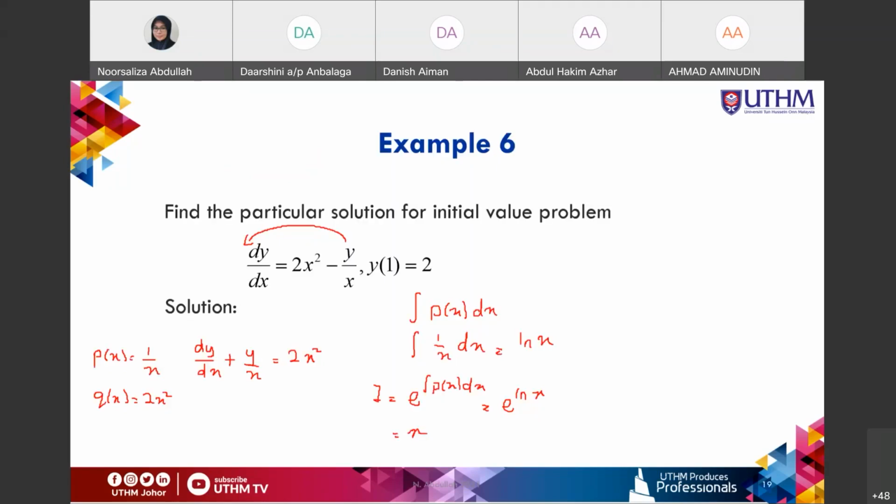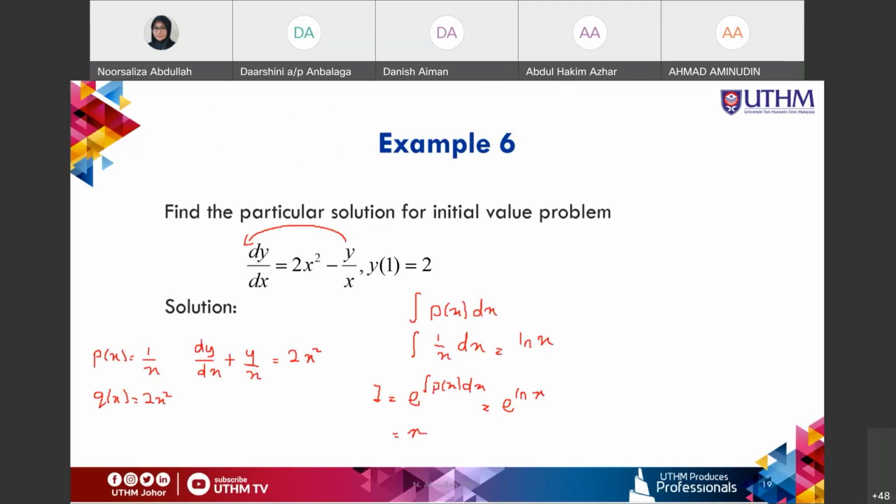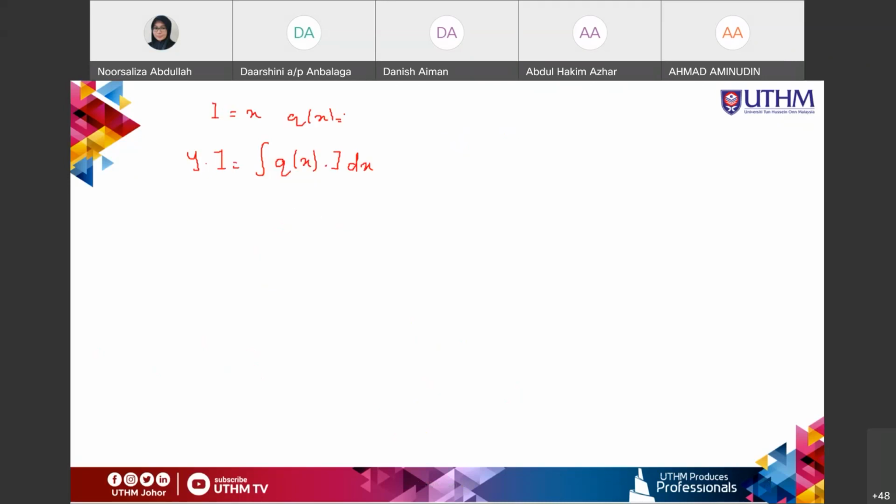Okay, so I is x. I kita equals to x and Qx is 2x square. Okay, so y times I, times x, equals to you integrate 2x square times x.